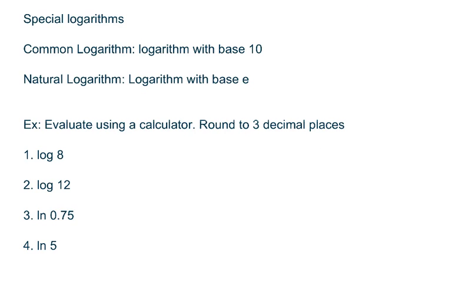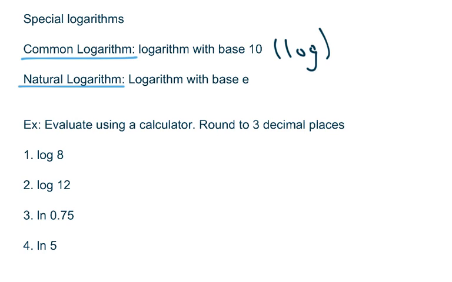Let's keep moving. Special logarithms. These are the logarithms that your calculators can do. We'll underline those in blue. Sure, why not? Two vocabulary terms: common logarithm and natural logarithm. Common logarithm is a logarithm with base 10. In your calculator, you're looking for the button that says LOG.